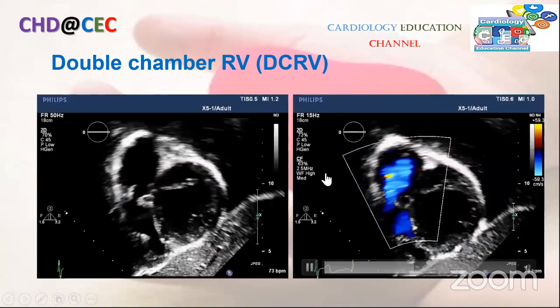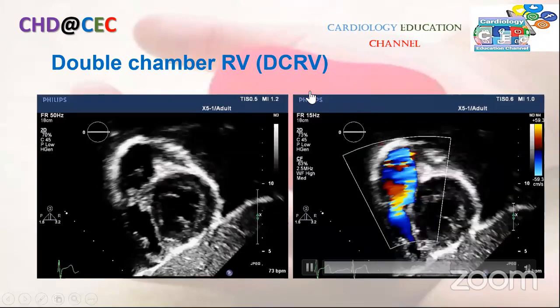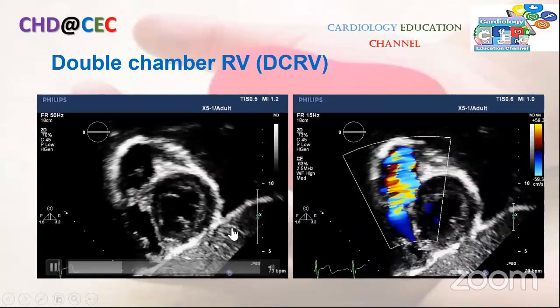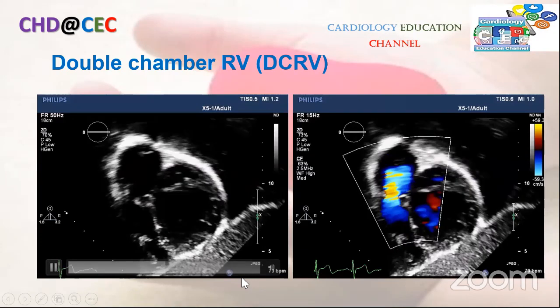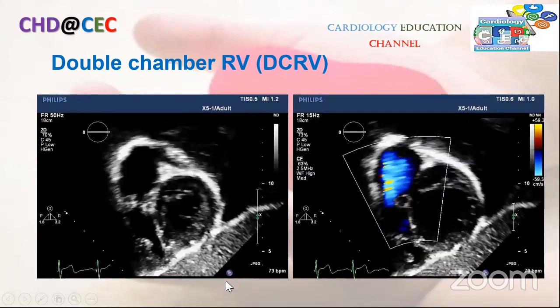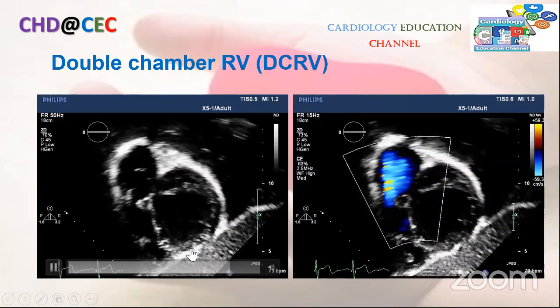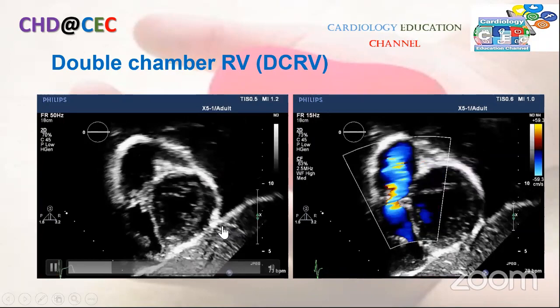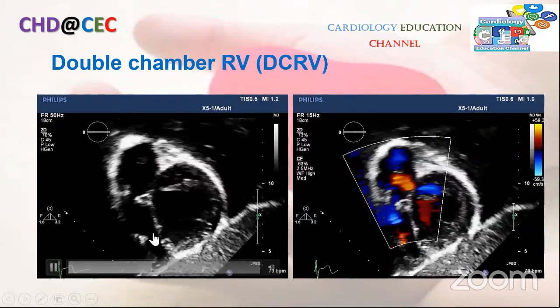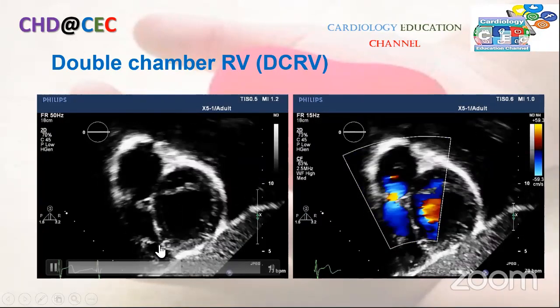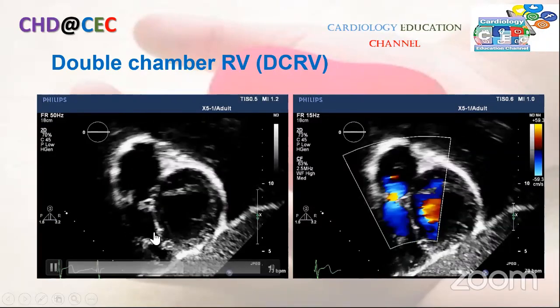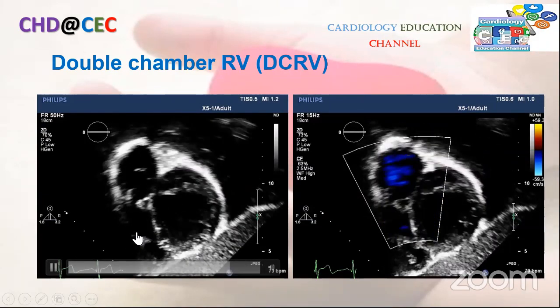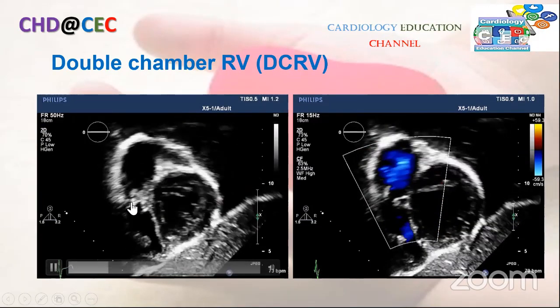Here we can see an isolated case of DCRV. This is a subcostal view. This is the liver, so we are looking from the subcostal view. This is a short axis with a left anterior oblique view with anterior angulation, showing this is the LV, this is the RV, this is the proximal high pressure chamber, and this is the DCRV.